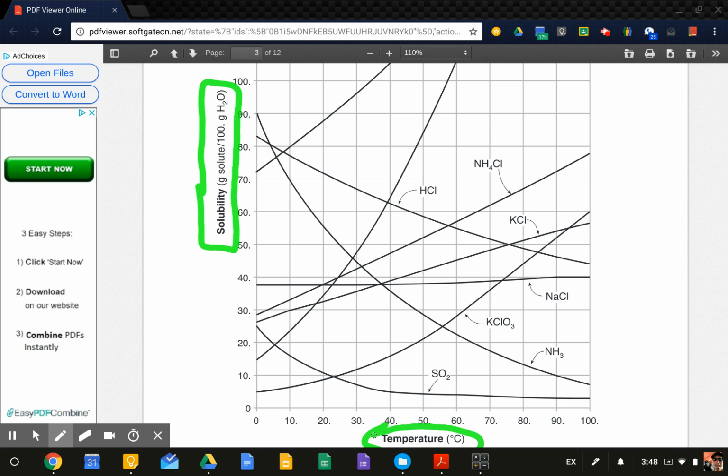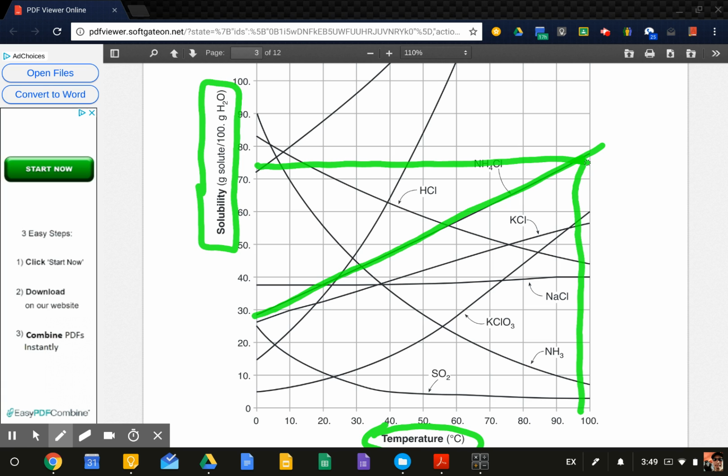So if we look at ammonium chloride, NH4Cl, we could see that at 98 degrees Celsius, you would be able to dissolve quite a bit more, right? About how many grams? Let's see, 70, I don't know, 74, 75, around there, maybe more.